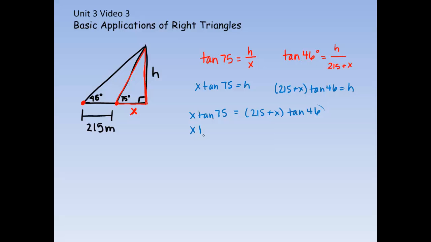So my left-hand side will stay the same, x times tangent of 75. And the right-hand side will become 215 times the tangent of 46 plus x times the tangent of 46. Since I have two pieces with x's, I'm going to put those together onto one side. So I'm going to subtract this x tangent of 46 to the other side.